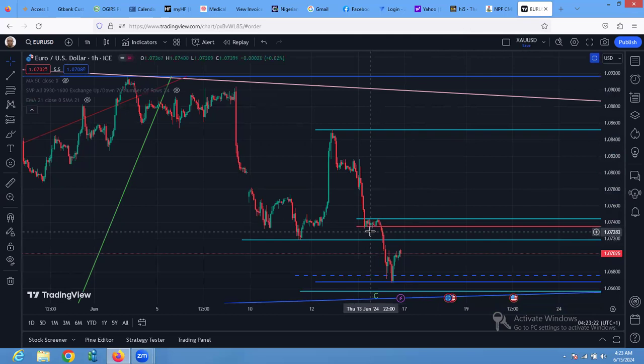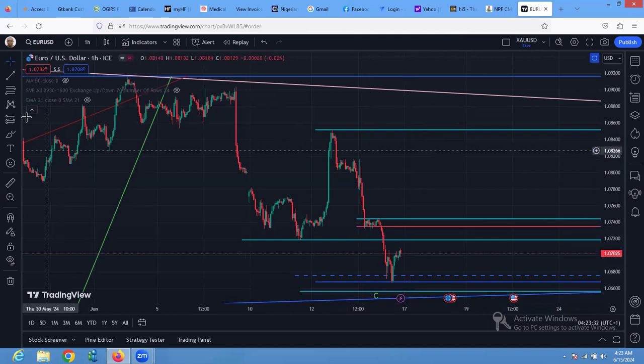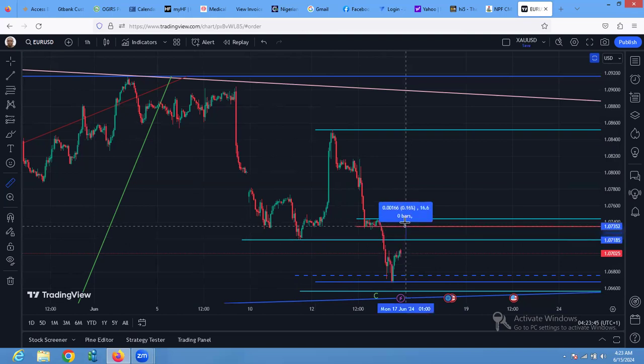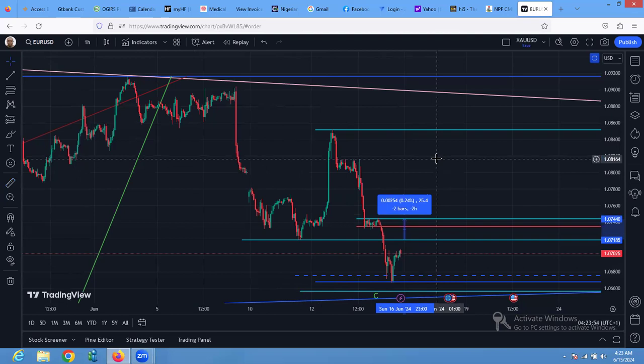Because price broke it by this week's, I know that this thing is still coming down. And if you didn't see this on time, all you would have lost, if you place your stop loss just below this line here, because you wouldn't be expecting, based on your knowledge, that price is going to come. If it's going to go up, you will just lose about 24, 25 pips. That's all that you will lose.